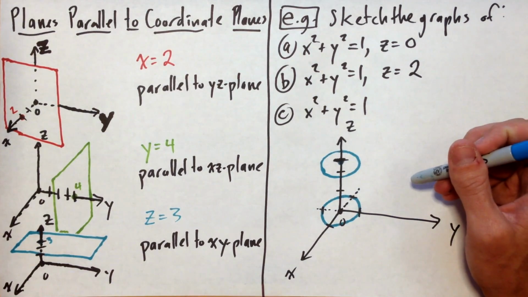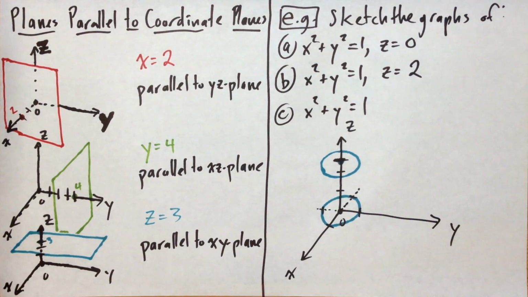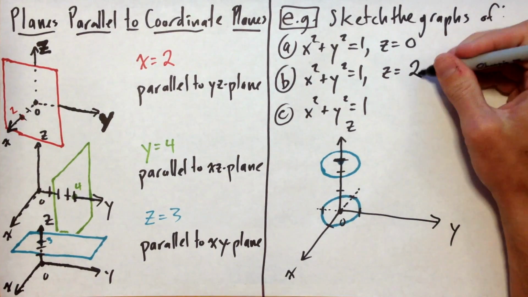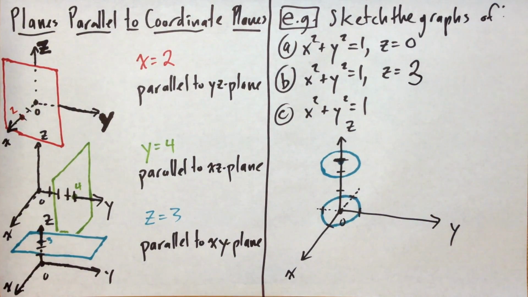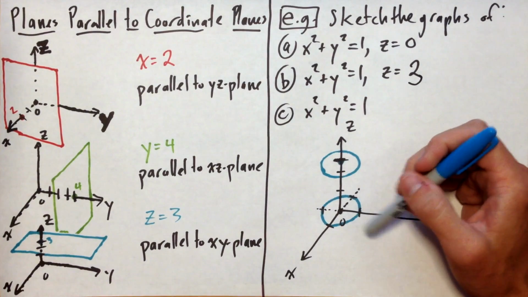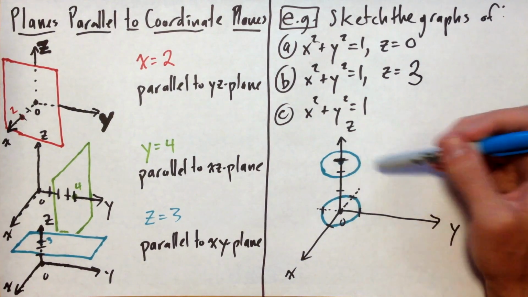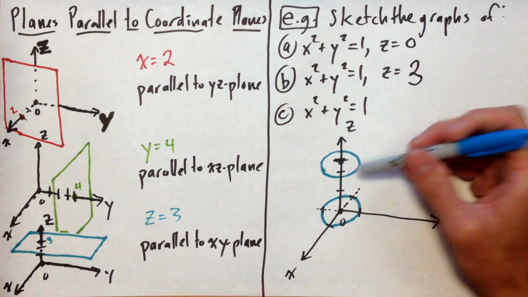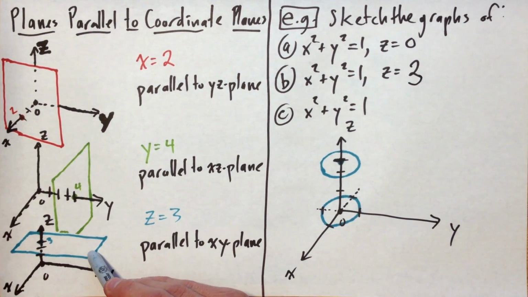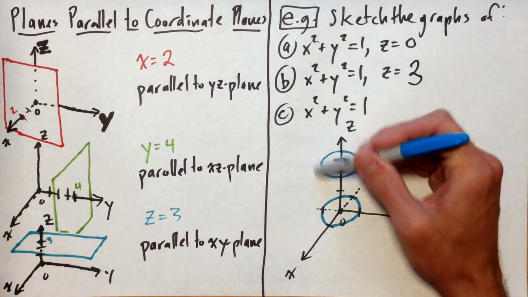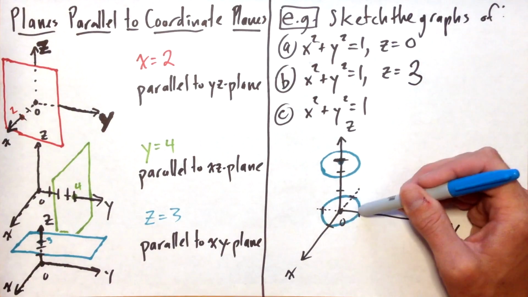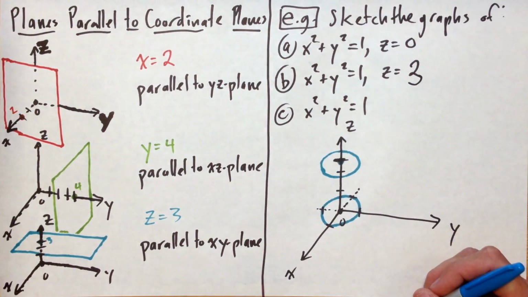And so now we have, you know what, it looks like I meant to say z equal to 3. We push them up 3 units in the z direction, and we just get a circle up here. This circle is sitting in the z equal to 3 plane up here, but it's just the same as the circle down here, just translated 3 units up.